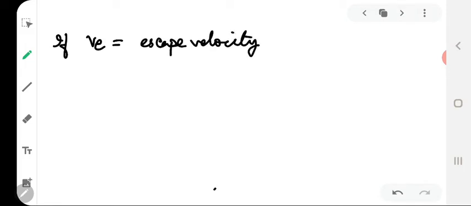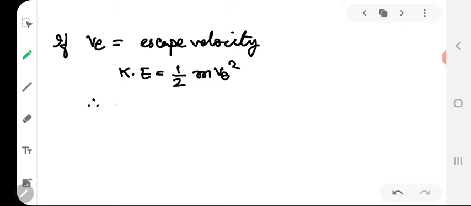So if VE is the required escape velocity, then the kinetic energy which should be given to the body on the surface of Earth is given by half m v square.